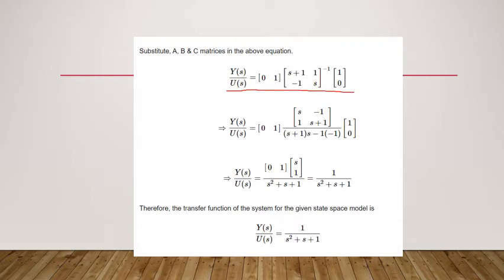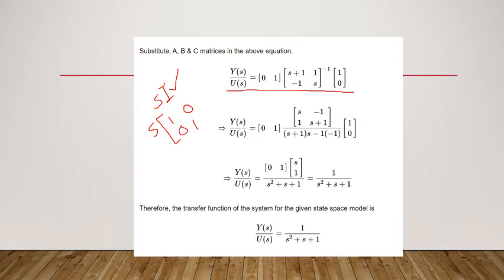One thing I would like to tell you is how we find out sI. We were having (sI minus A) inverse. So how will we find sI? We will choose an identity matrix which has an order in synchronization with the given question, and we will do s multiplied by I. So I will be taken of order 2, with the diagonal values as 1 and all other values as 0.